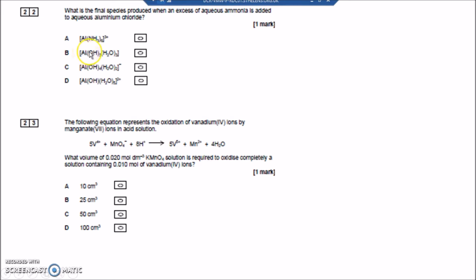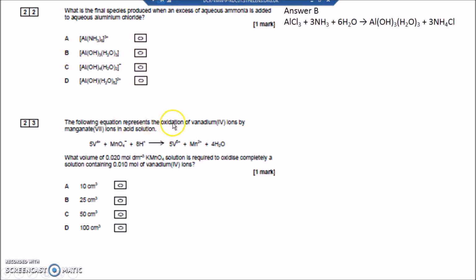So aluminium hexaaqua, Al(H2O)6 in water, has 3 of them replaced because it forms a white solid with no charge. Something with no charge is not going to be ionic and not going to be able to form intermolecular hydrogen bonds with the water. So something without a charge is going to be a solid. Ammonia and aluminium chloride forms a white solid, so your answer is obviously B.